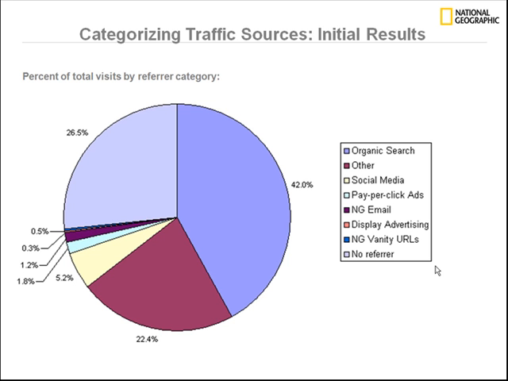We have organic search, other websites, social media sites, pay-per-click ads, National Geographic email lists, display advertising, and vanity URLs. And about a quarter of our visits have no refer information. We suspect they're coming from sources like email or bookmarks. So even now, just with this simple process of categorizing all our refers into one of these 7 categories, we can easily see that organic search is very big for us, 42%.